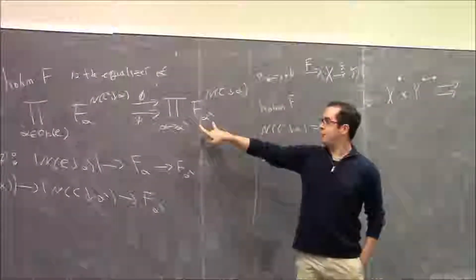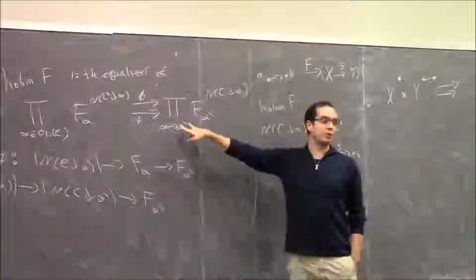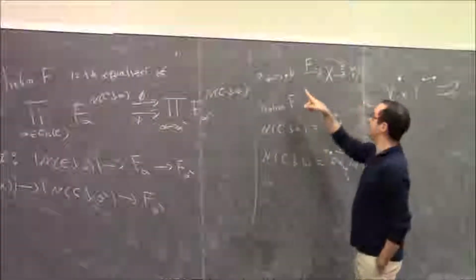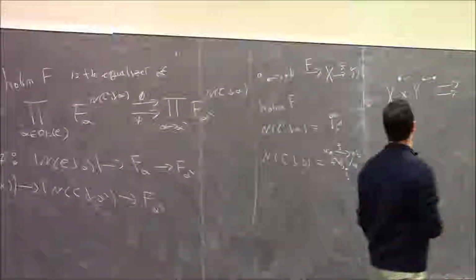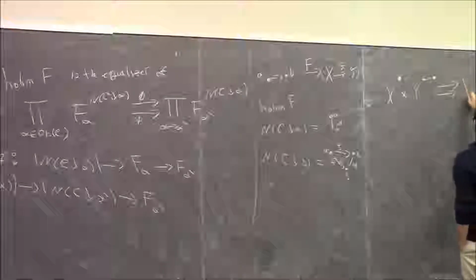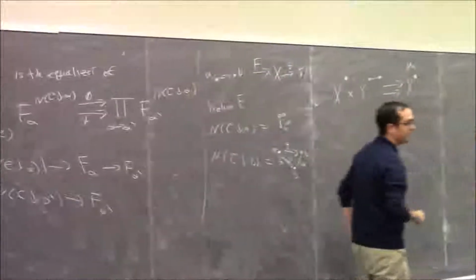Okay, now we do the same thing, but we're going to take the product indexed over morphisms. We have three morphisms: the identity on A, identity on B, and the map. I don't know if the identity is really worth writing out.